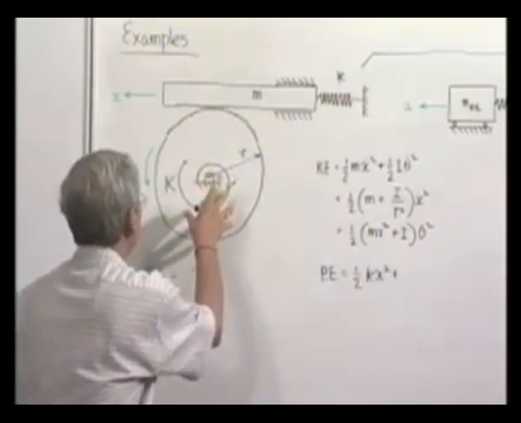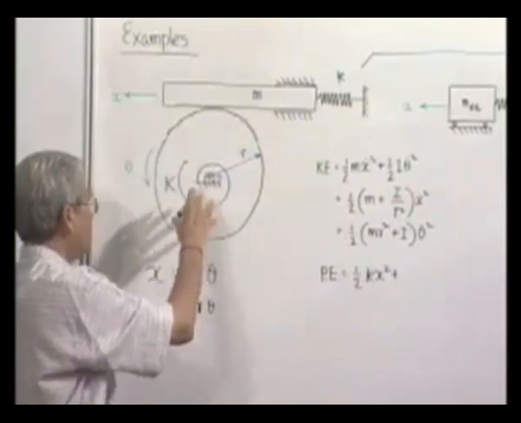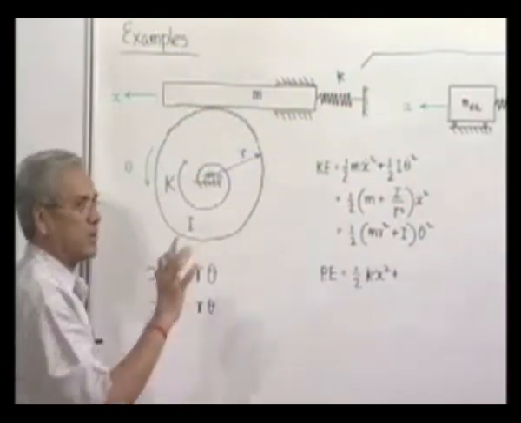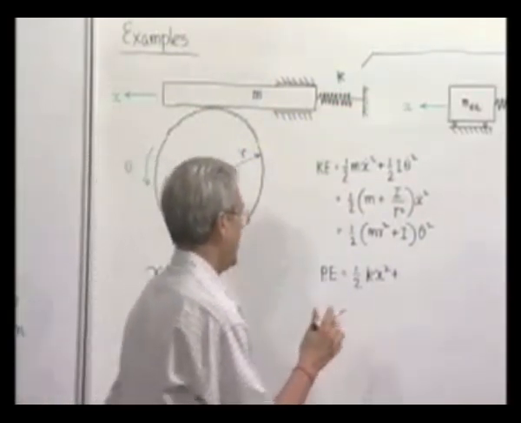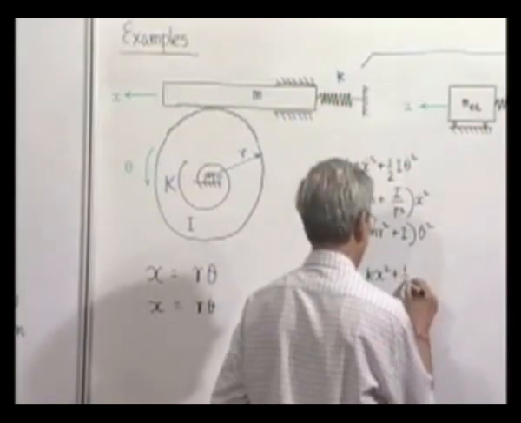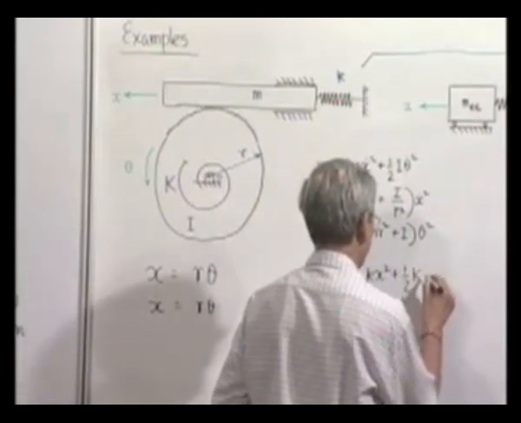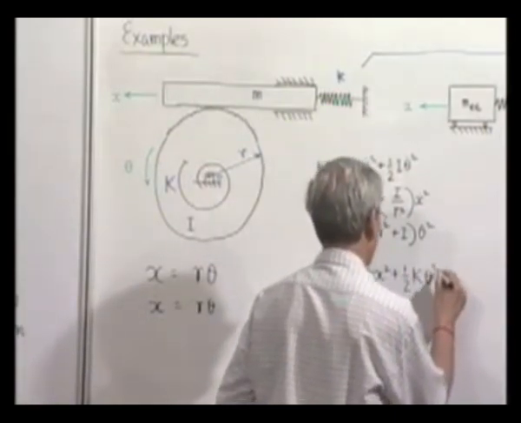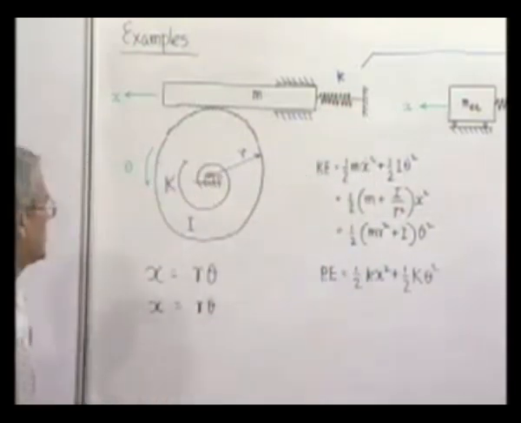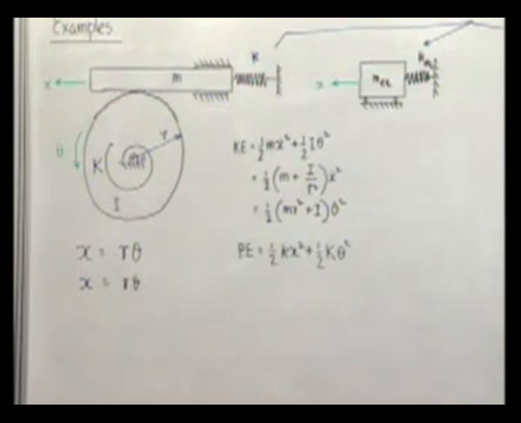Similarly, we consider that at the equilibrium position this torsional spring was also torque free, and the strain energy stored in the torsional spring will be this.